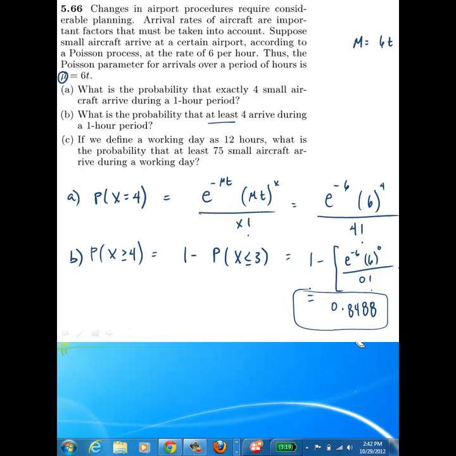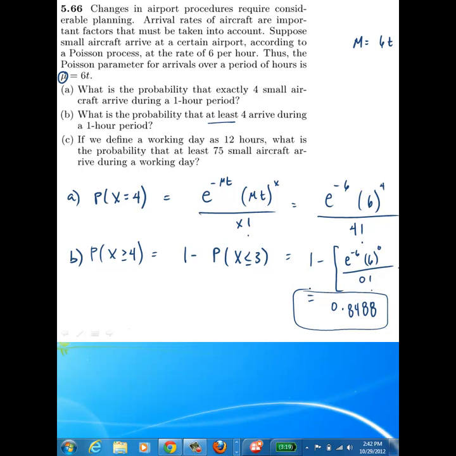And now this is what I was referring to when I said that you need to be careful with the time units. Now we want to change from hours to days. So if we define a working day as 12 hours, what is the probability that at least 75 small aircraft arrive during a working day? In this case, a day is going to be represented by 12 hours.